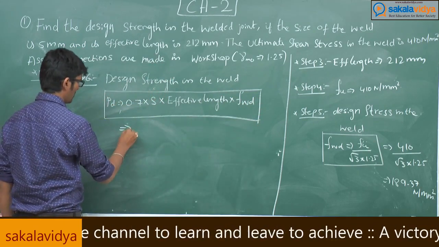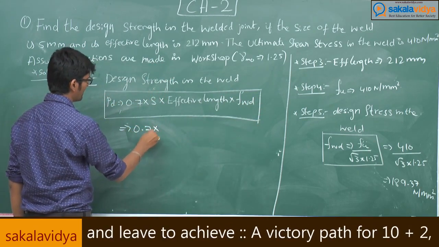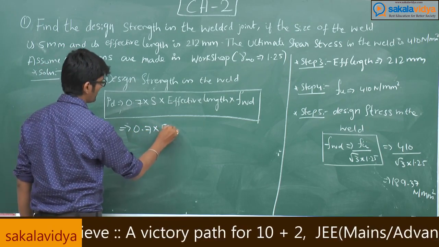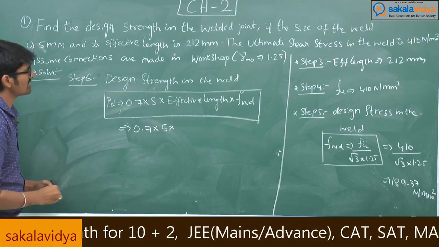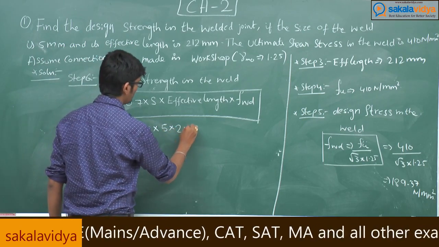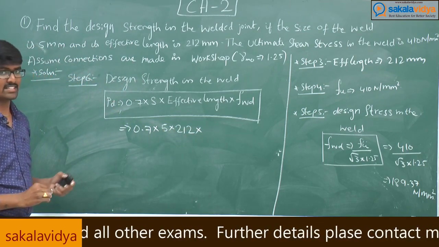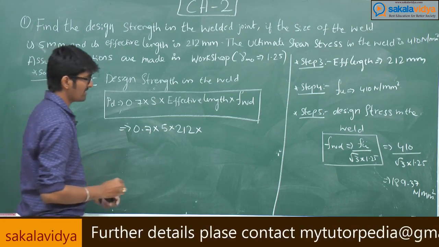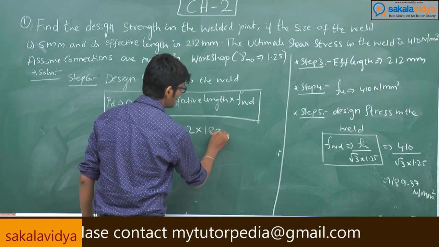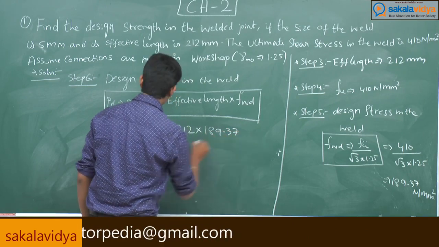So 0.7 into what is the size of the weld given in the question, that is 5 mm. What is effective length given in the question? 212 mm. What is design stress? Design stress we found in step 5, that is 189.37 Newton per mm square.